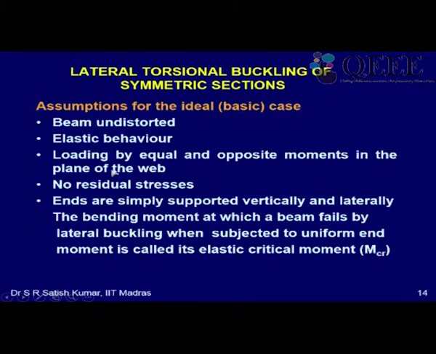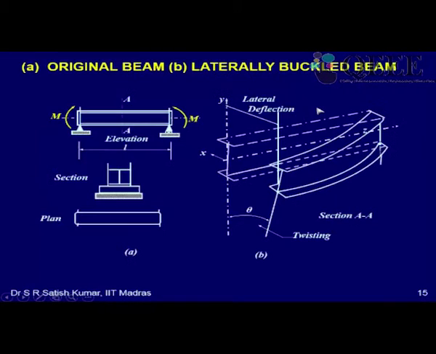Okay. So with that as a background, we will look at what happens when you take a beam and apply equal and opposite bending moments. So my bending moment is constant throughout the length of the beam. You are applying equal and opposite moments at the two ends, and we make some assumptions for this ideal or basic case. I'm just showing you this figure here.